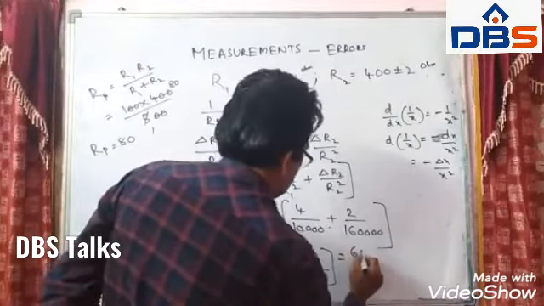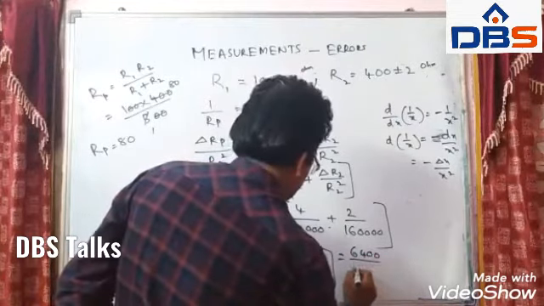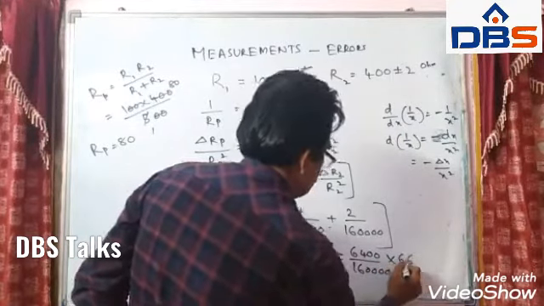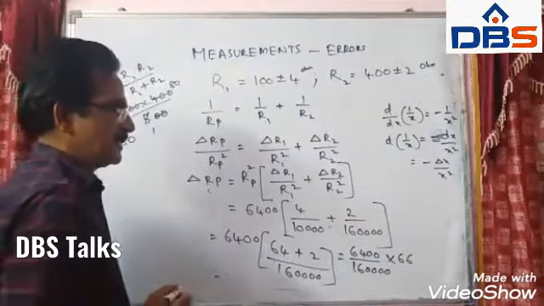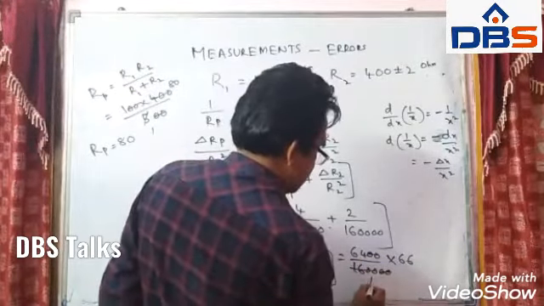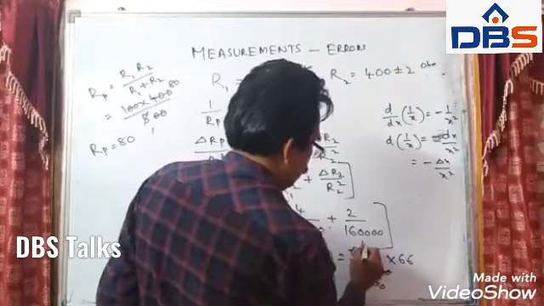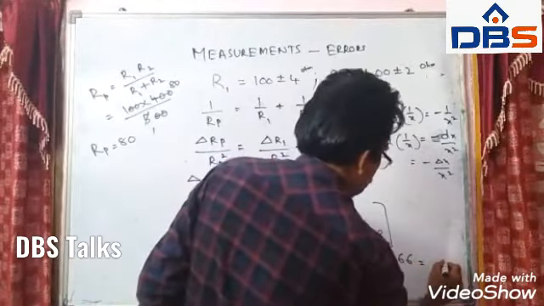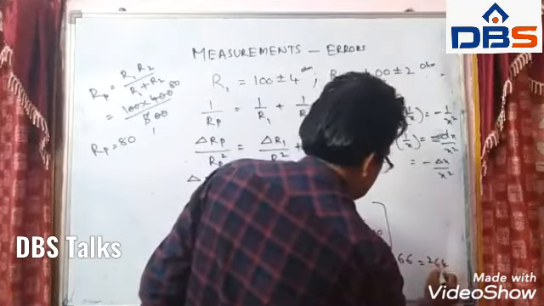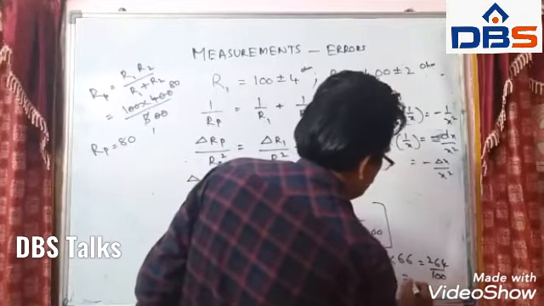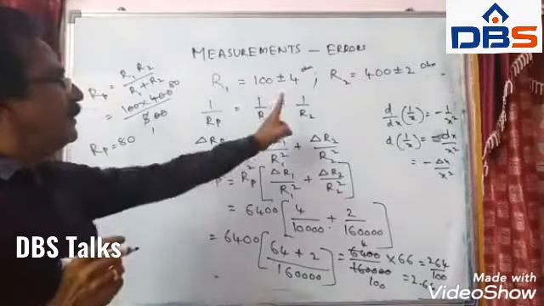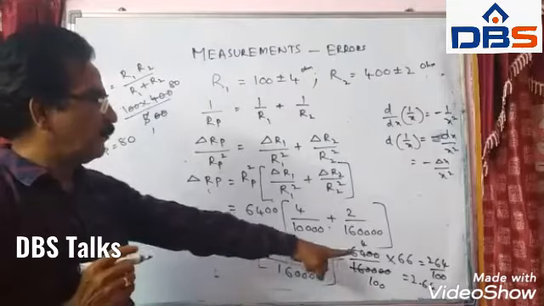This is equal to 6400 by 66 into 66. Okay friends, 2 zeros cancel. 16 hundreds, 16 fours. This is equal to 4 sixes 24, 4 sixes 24 plus 2, 26 by 100. That is equal to 2.64 friends. 2.64, no confusion.